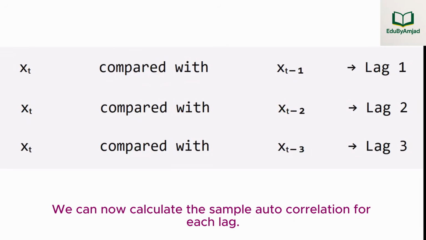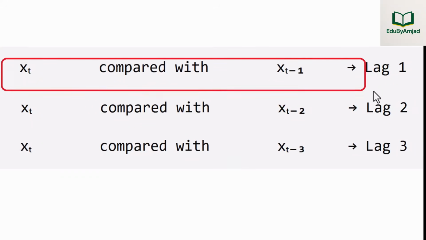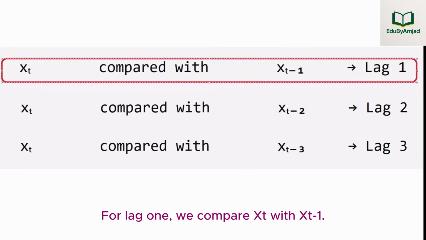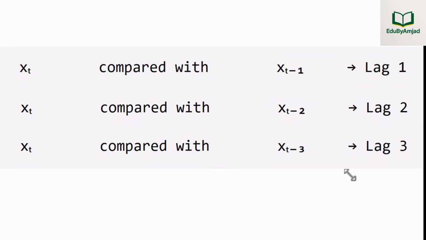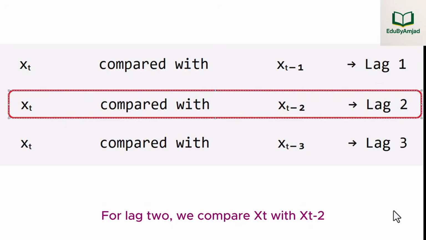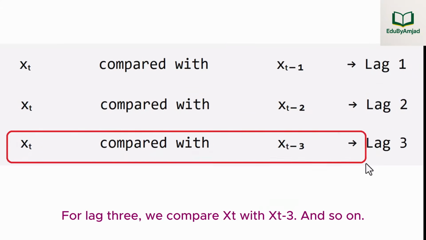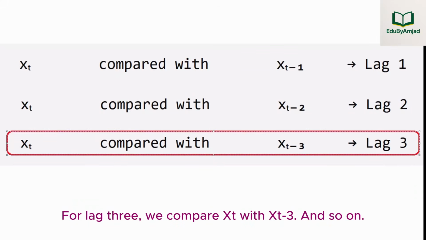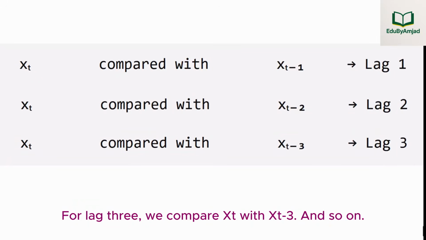We can now calculate the sample autocorrelation for each lag. For lag 1, we compare xt with xt minus 1. For lag 2, we compare xt with xt minus 2. For lag 3, we compare xt with xt minus 3. And so on.